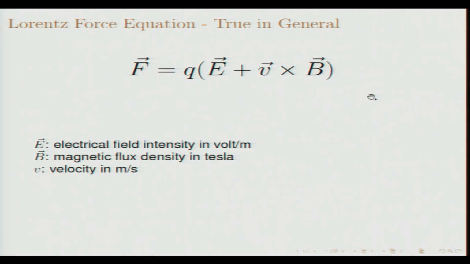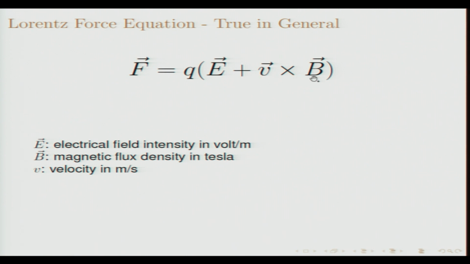Now, v here is actually the velocity of the electrical charge q. So, this depends not only on the charge, but also on the velocity of the charge. So, this force in fact has got a velocity dependent term.